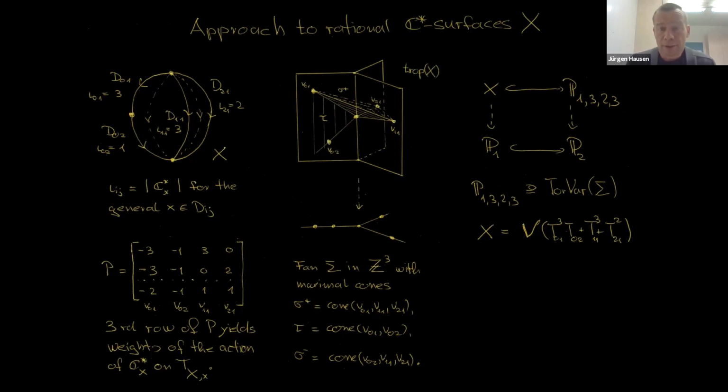Moreover, as our X is embedded into the toric variety, this picture becomes a new meaning. This picture is the tropical variety of our X. The P1, as I told you, is the curve corresponding to the field of invariant functions.